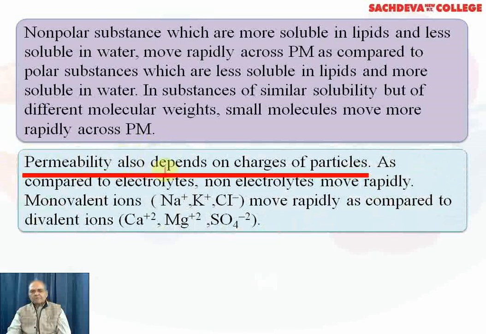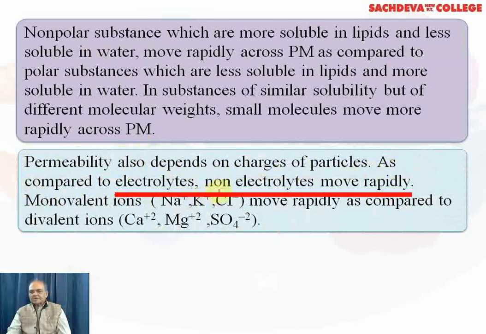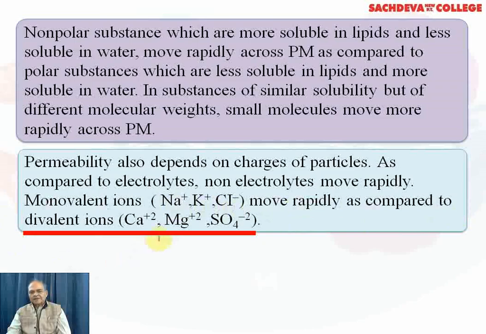Permeability also depends on the charges of the particles. Non-electrolytes move rapidly compared to electrolytes. Monovalent ions like sodium, potassium, chlorine move rapidly as compared to divalent ions like calcium, magnesium, and sulfate.